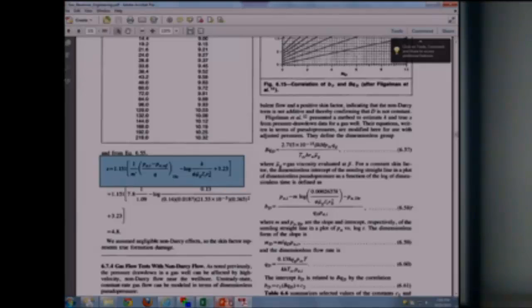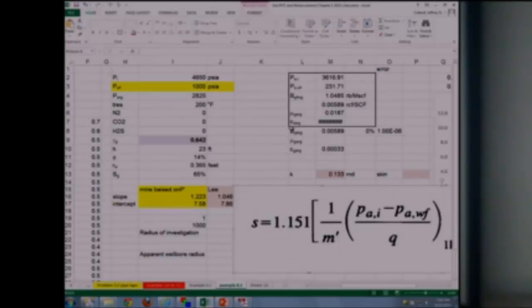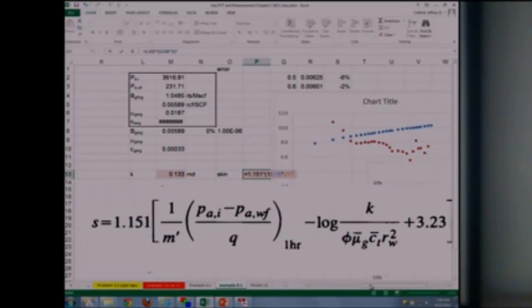And we're going to get 4.8. Skin is equal to 1.151 times, in the braces, 1 over the slope, I'm using the Lee numbers, their slope, times the intercept at 1 hour.